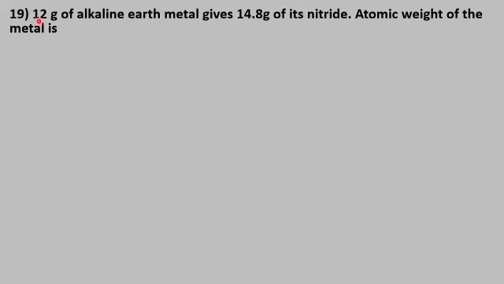Question number 19. 12 gram of alkaline earth metal gives 14.8 gram of its nitride. Atomic weight of the metal is dash. Option A 12, option B 20, option C 40, option D 14.8.